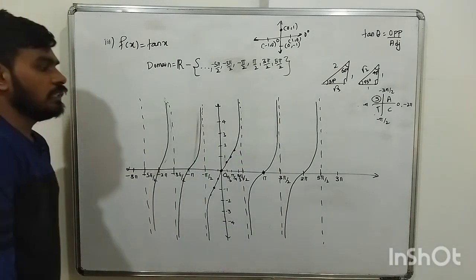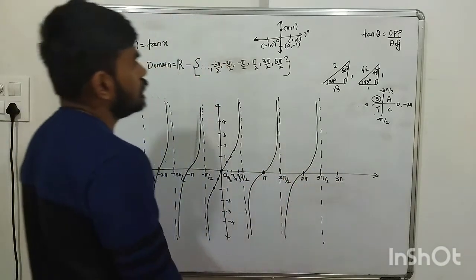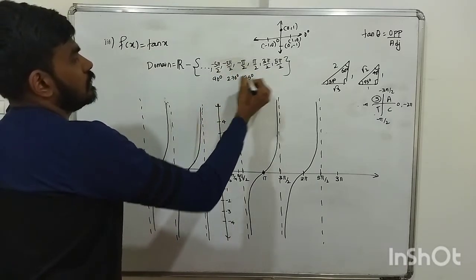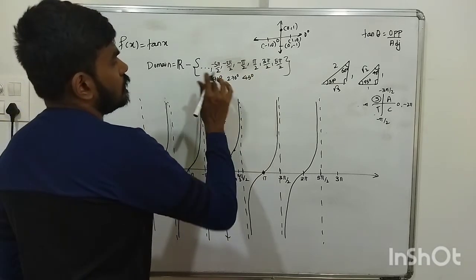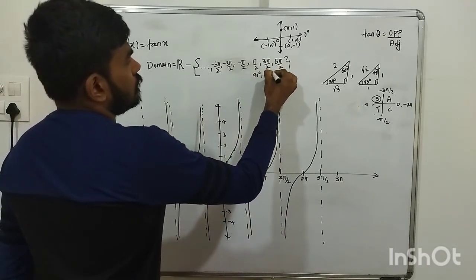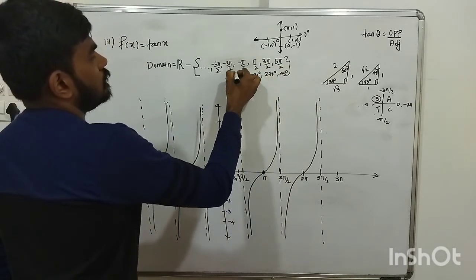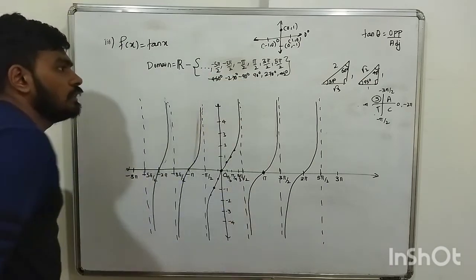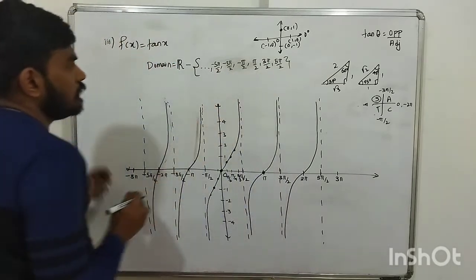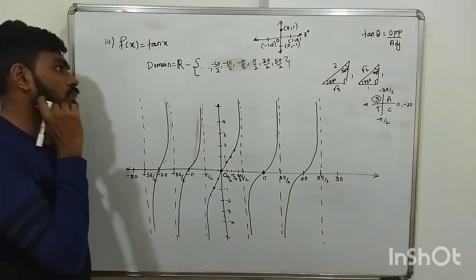That is 90 degrees, 270 degrees, 450 and so on, and minus 90, minus 270, minus 450. For these values there is no value of tan x, or the value of tan x is infinity, which doesn't belong to the set of real numbers.